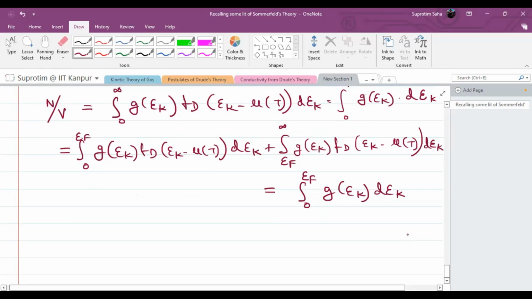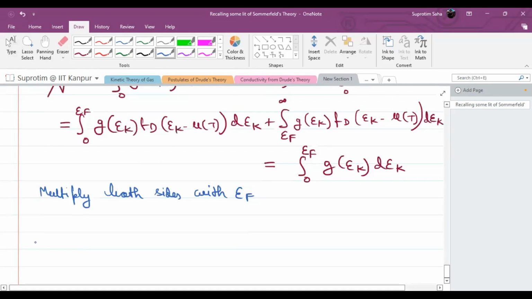So now what we are going to do is multiply both sides of this equation with Ef, which is the Fermi energy. Multiply both sides with Ef.